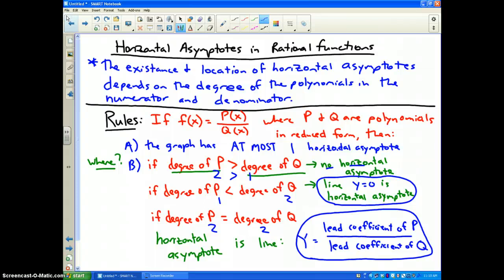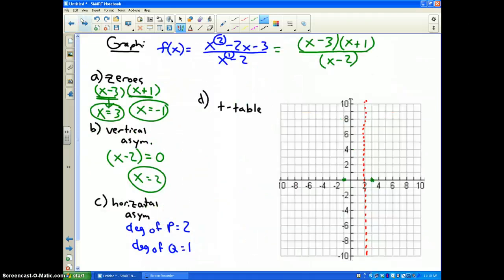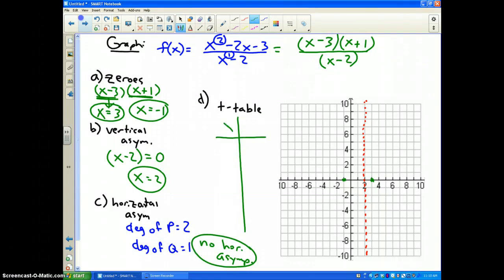The degree of p is 2, and it's greater than the degree of q, so therefore we don't have any horizontal asymptote. Okay, good. So this graph has no horizontal asymptote. Perfect.